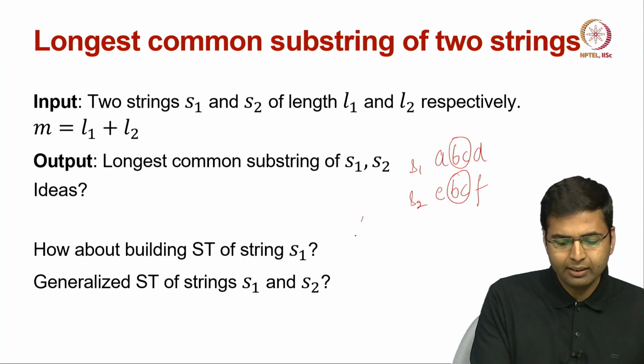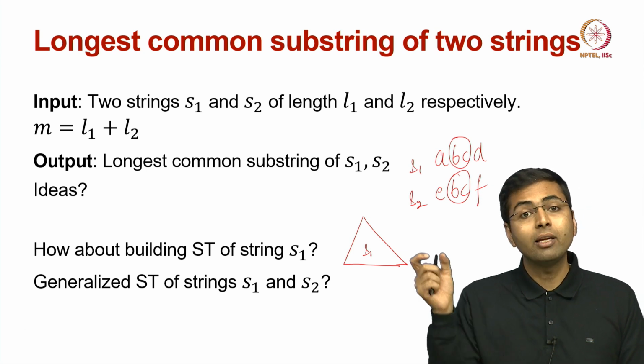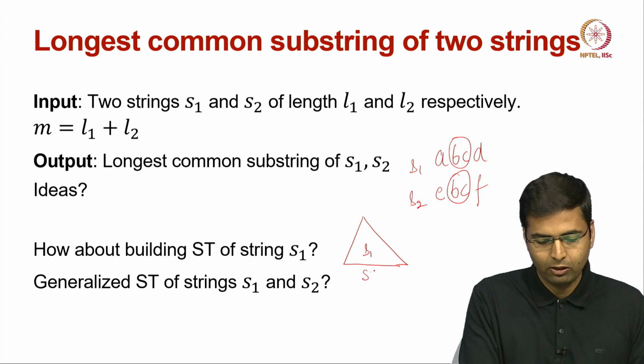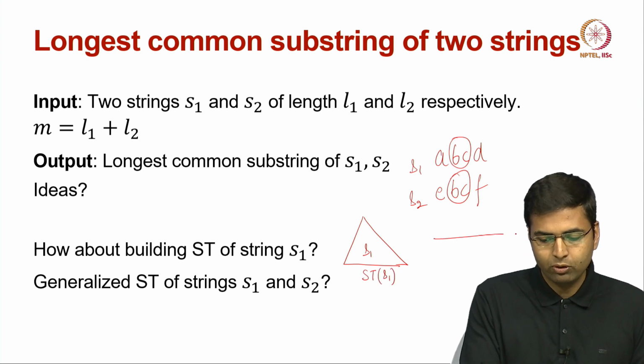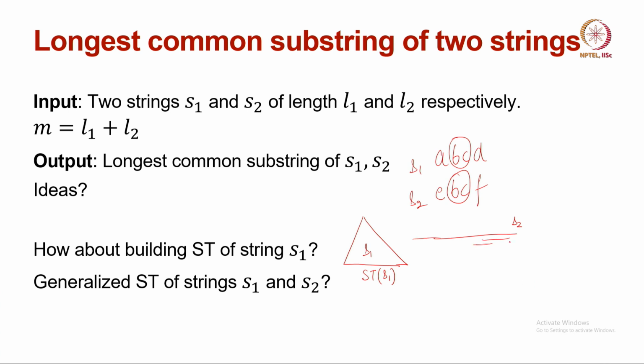How about we build a suffix tree of S1 and then I search for all the suffixes of S2 in this suffix tree of S1. So, I consider all the suffixes of string S2 and I locate them in this tree. That will help because any substring must occur as a prefix of one of the suffixes.